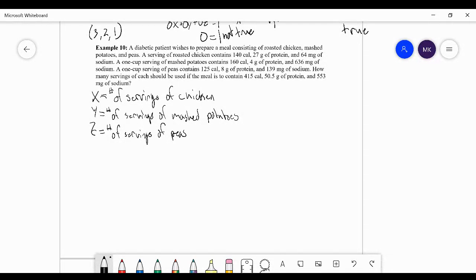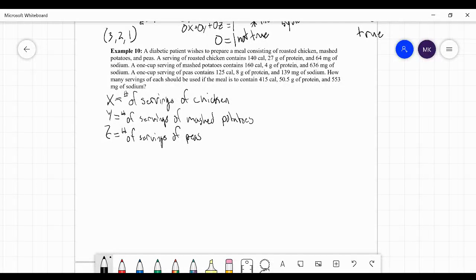Okay. So now we have to think about what we know and what we need. We know the calories, protein, and milligrams of sodium for all 3 of these things. And what we need is a meal that has an exact calorie, protein, and sodium amount.